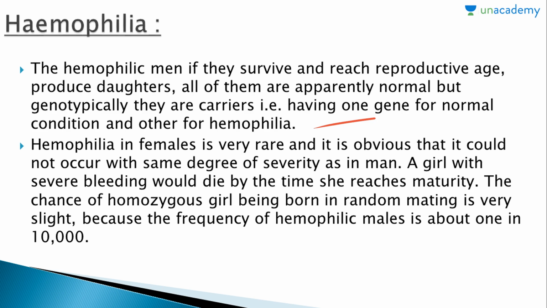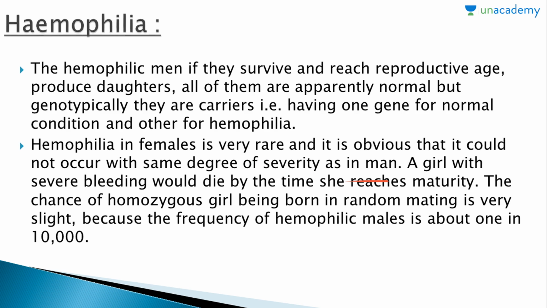They are not affected by the disease, but they carry it for another generation of males. When they give birth to their next progeny, the males of the next progeny might get affected. Hemophilia in females is very rare, and it could not occur with the same degree of severity as in men.